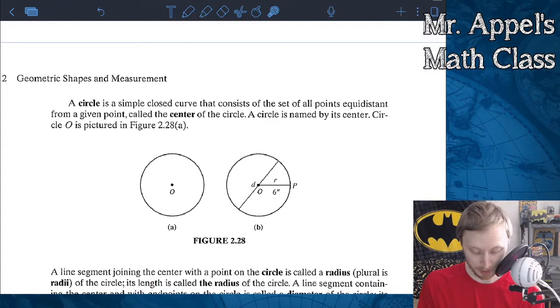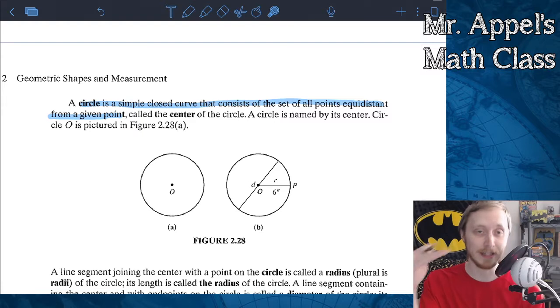Okay, next up, a circle is a simple closed curve that consists of the set of all points equidistant from a given point. Equal distance. So there is your formal definition. And just to review, remember, any line is already a set of all points in an infinite direction.